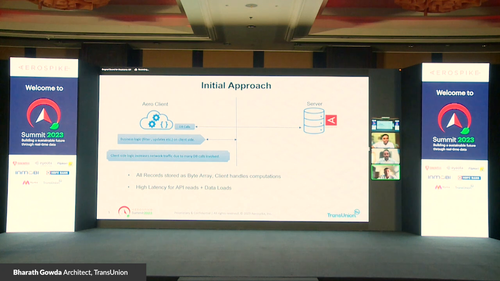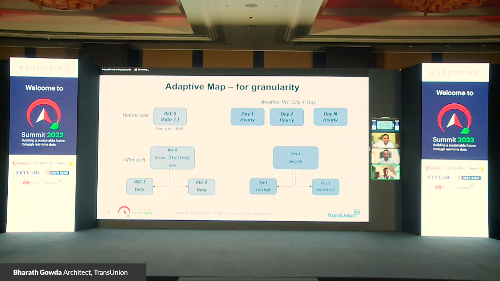And we also had record splitting logic when it exceeds the write block size. So these were the challenges we had, and because of which we could not scale up with the first initial draft version.